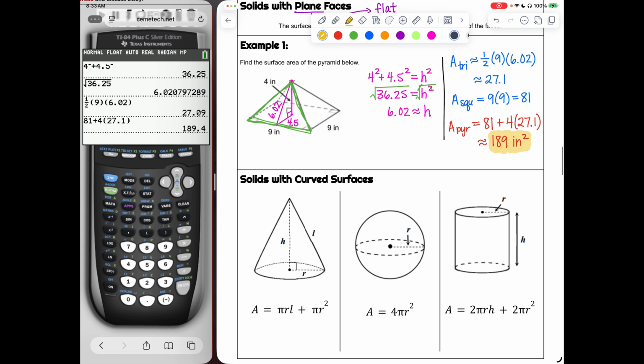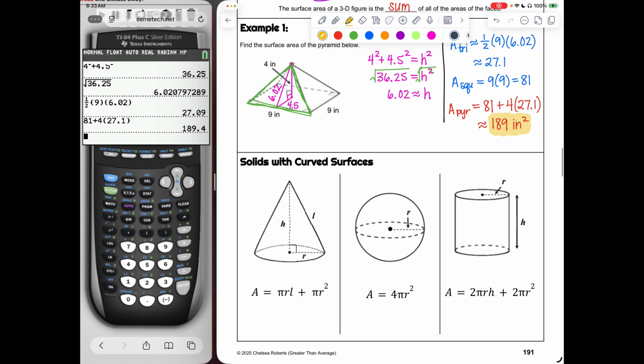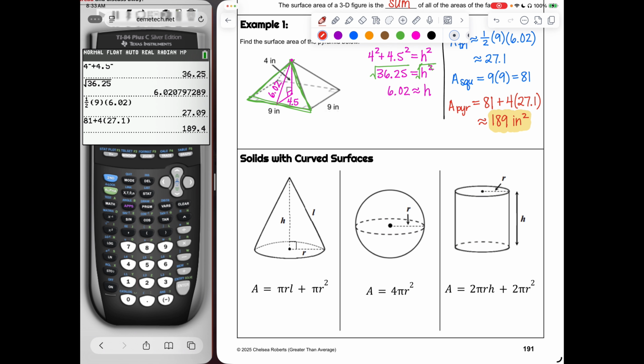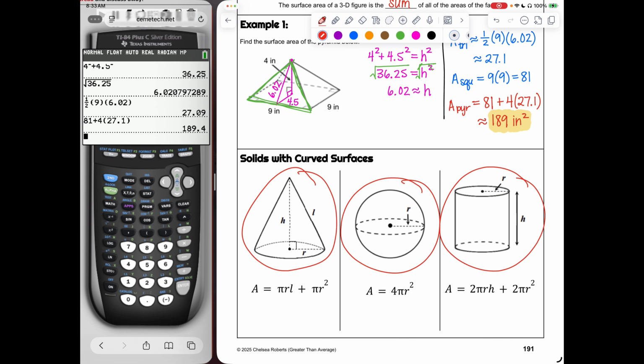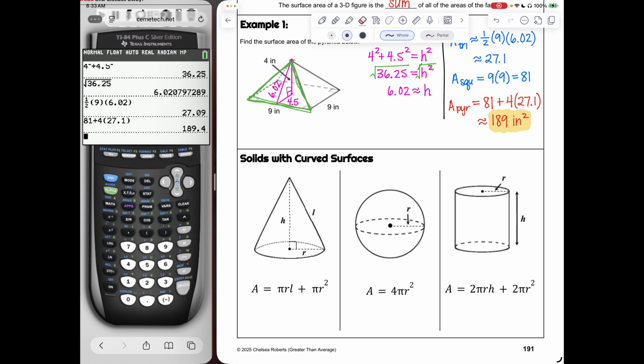So now let's talk about areas with curved surface in the formulas. So here we have a cone, a sphere, and a cylinder. So the following formulas for the surface areas are as follows. When you have the cone, we have that the surface area is equal to pi times r times L. L is our slant height.